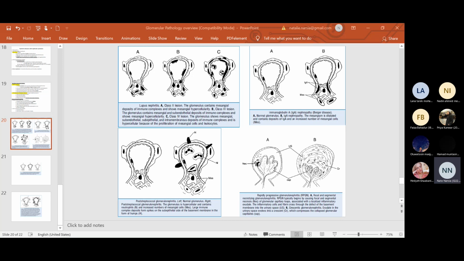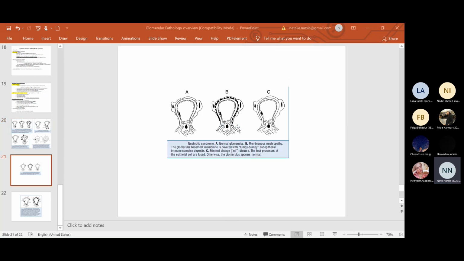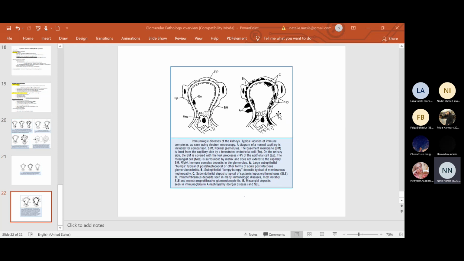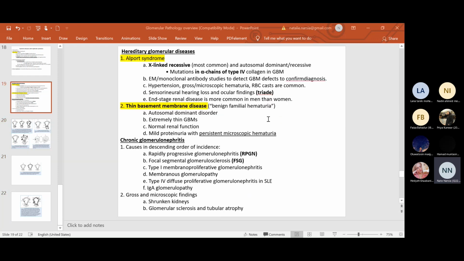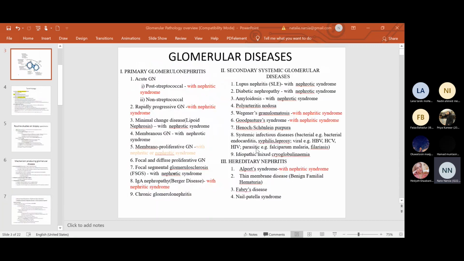Here are mesangial problems, immunoglobulin A. In the mesangium you have this immunoglobulin A deposition. Do you remember? Subendothelial is neutrophilic proliferation in lupus. You remember? And this is a schematic view, nothing about spike and dome is here, lumpy bumpy, same thing. What else? Nothing. This part you will see yourself.